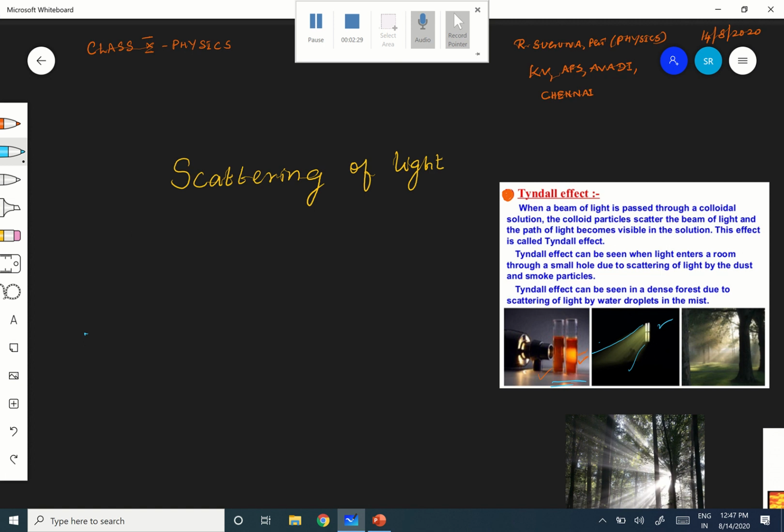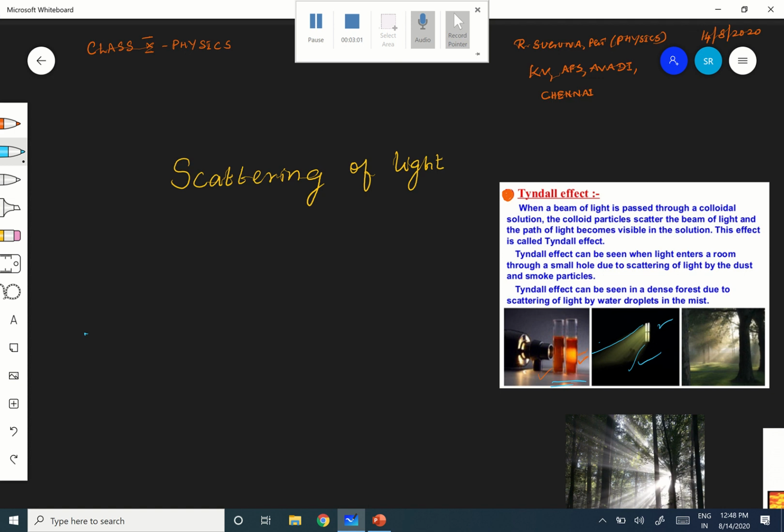These particles are called scatterers. When the light falls on these scatterers, it scatters the light, and hence you can see that the light gets diverged. Therefore this is also one of the very important examples of Tyndall effect.